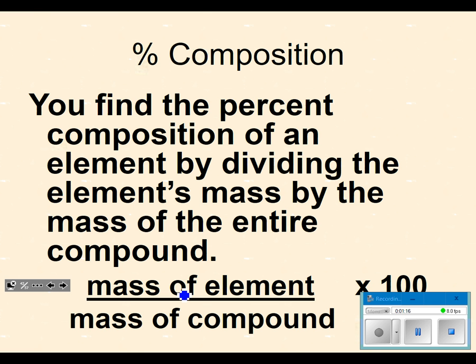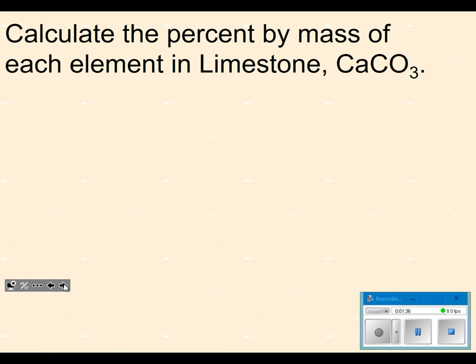So if there's like 2 oxygens in the compound, then the mass of 2 oxygens would be 16 times 2, so that would be 32. So you have to take the entire mass of the element present in the compound divided by the mass of the total compound. All right, let's do a couple of examples.